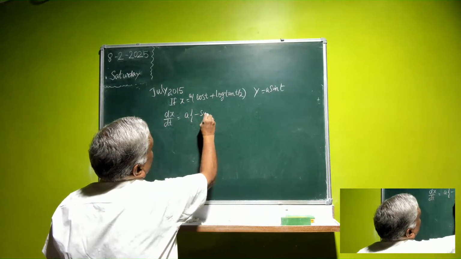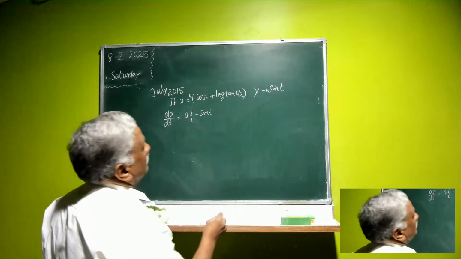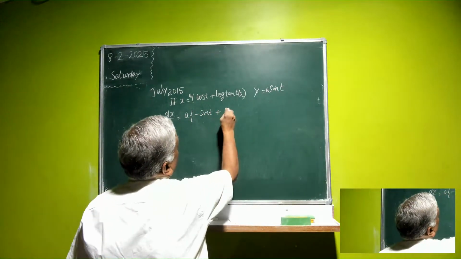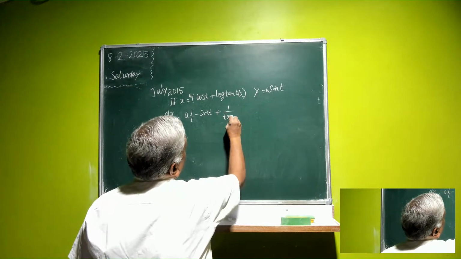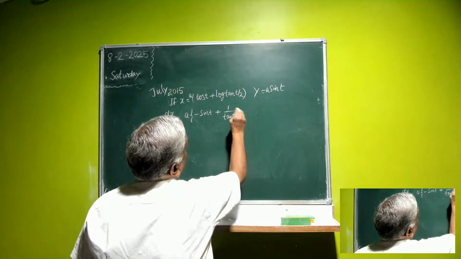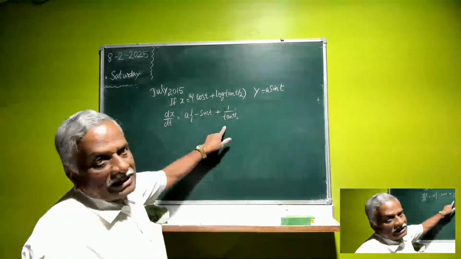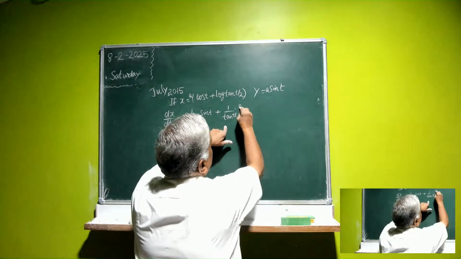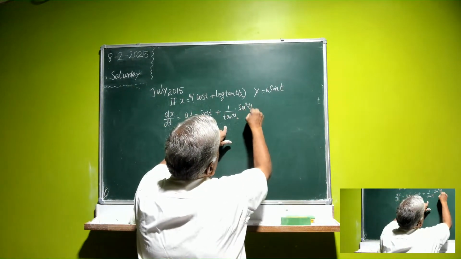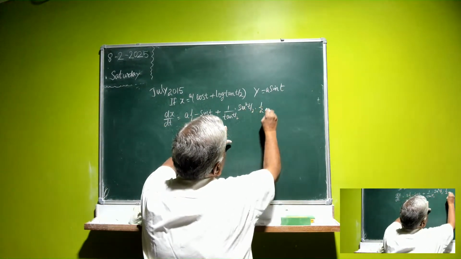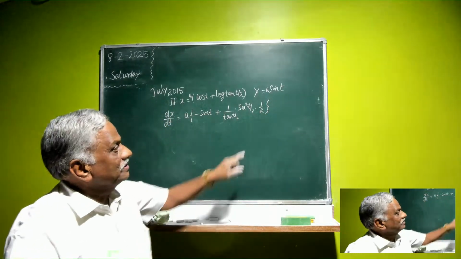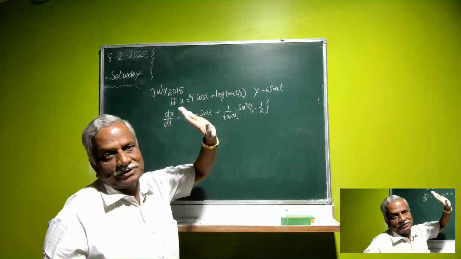Cos t differentiates to minus sin t. Log tan t by 2 is 1 over tan t by 2. That is, you need to differentiate log. Then you should differentiate tan, that is secant square t by 2. You must remember to differentiate t by 2 also. This is where most of us have to be careful.